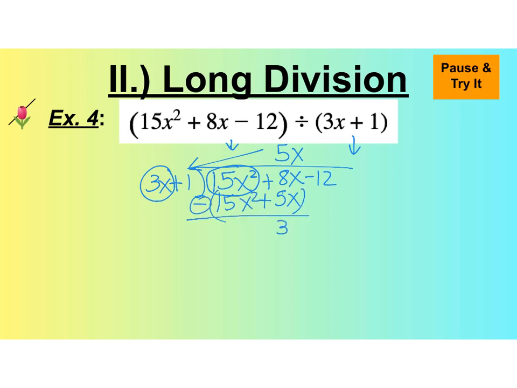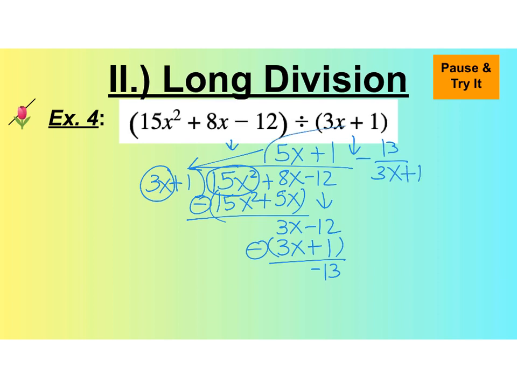Be careful, I get 3x minus 12 when I drag that 12 down. 3x to 3x would be a 1. Multiply 3x plus 1. And my remainder is negative 13, so minus 13 over 3x plus 1. And I can tell if you're right or wrong just by what your remainder is.